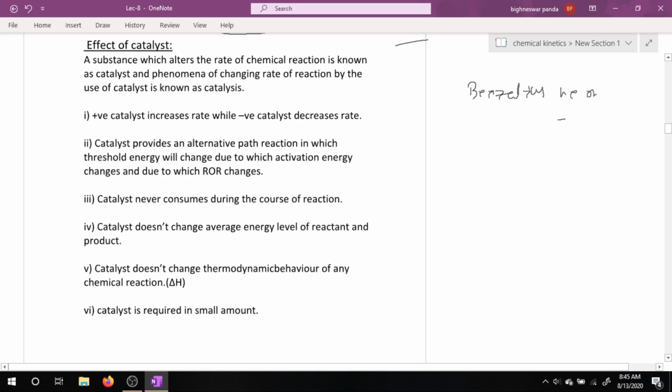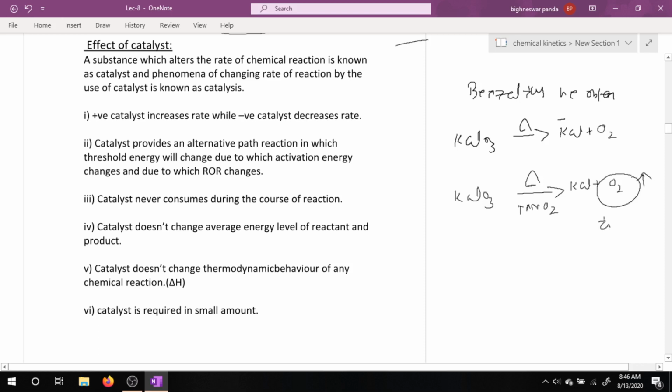He observed that heating of potassium chlorate gives KCl plus O2, but when a slight amount of manganese dioxide is added, it also gives the products KCl plus O2, but the formation of O2 is faster.